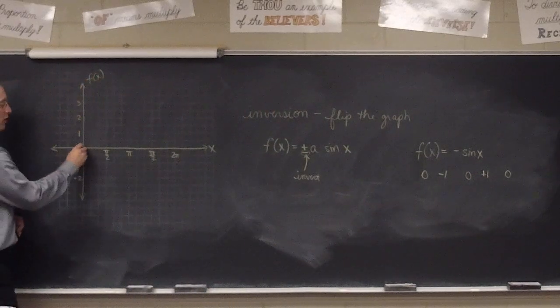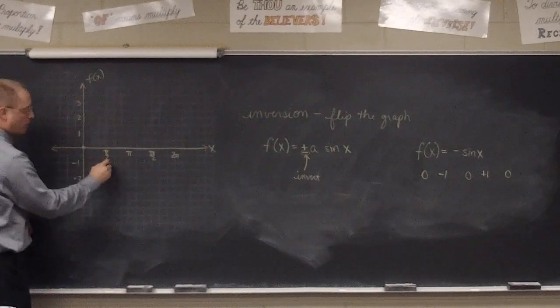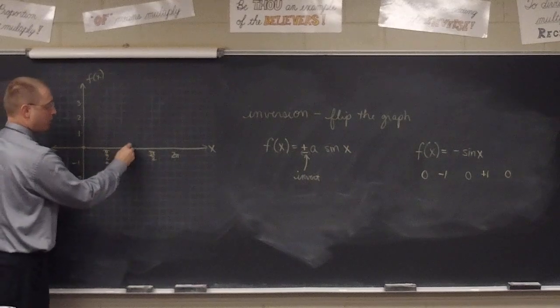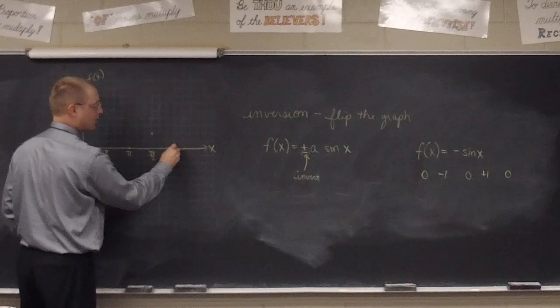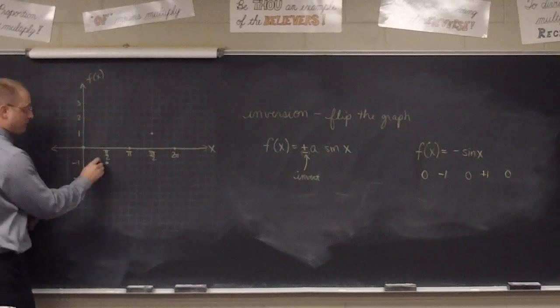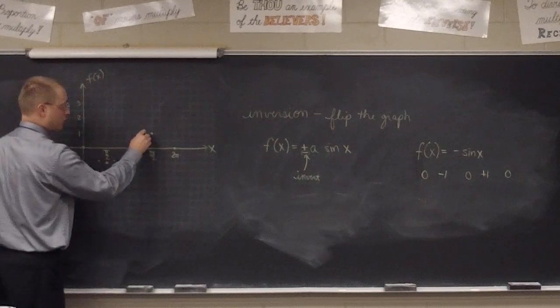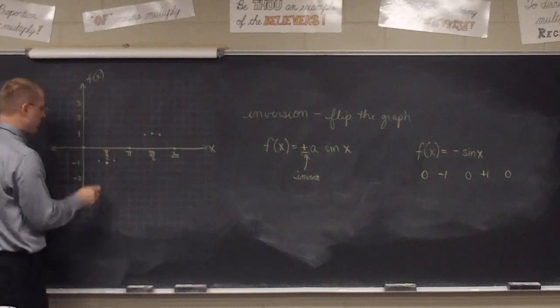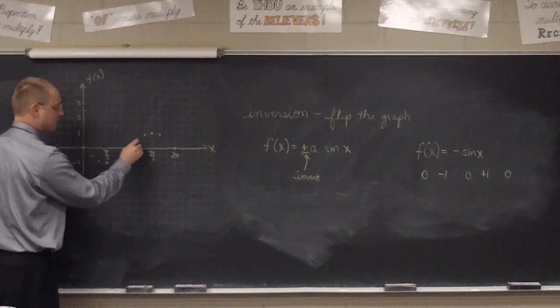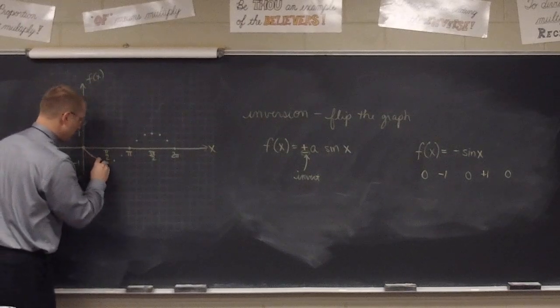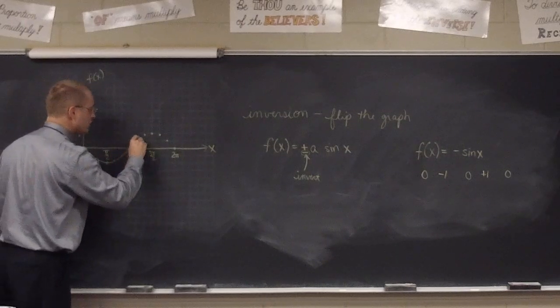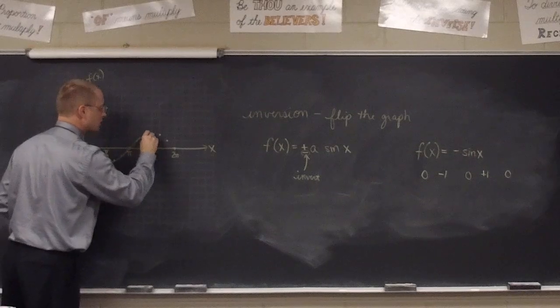So we're going to start at 0, and instead of going up to 1, we're going down to negative 1, back to 0. And instead of where we normally would be going down, now we're going up to 1 and then back to 0. But we have the same 0.9s, square root of 3 over 2, on either side of the 1s. We have the same 0.5s, 1/2, on either side of the 0s. And we still connect with a smooth, continuous curve.